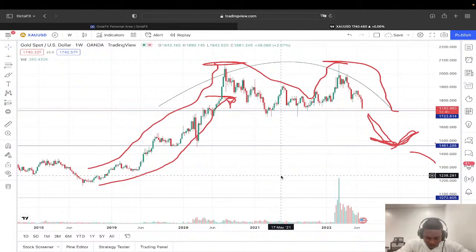Someone said, during crisis, does the gold market not even go bearish? No, it's not that the gold market doesn't go bearish, but when the stock market is becoming unfavorable, when other assets are failing, gold is always regarded as the safe haven, the asset that is used to hedge against inflation.